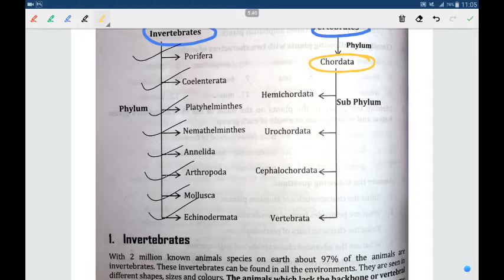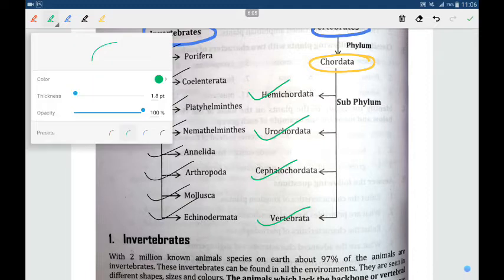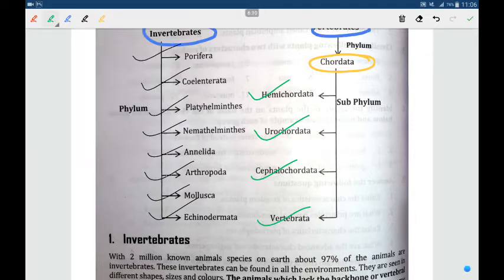And Chordata has mainly 3 subphyla. They are Hemichordata, Cephalochordata, and Vertebrata. Your group is Vertebrates, and your subphylum is Vertebrata. So Vertebrata has 5 classes. How many classes are there? 5. What are they?